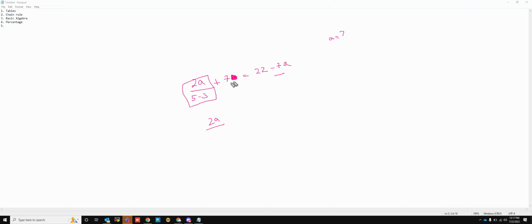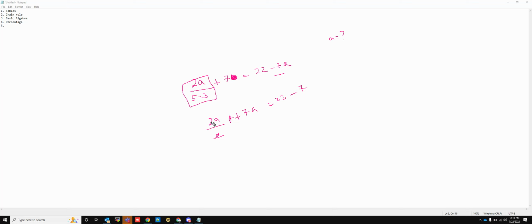That you can bring to the right hand side. Now one more term is there. First this term you have to bring to the right hand side. Okay, so 2a by 2, plus 7a. This minus 7a, I am bringing it here, plus 7a is equal to 22. This plus 7 goes inside, minus 7.